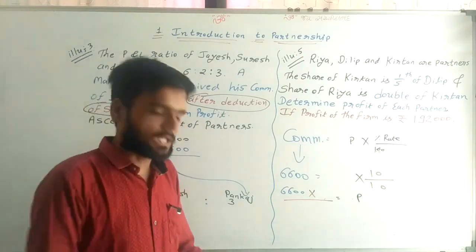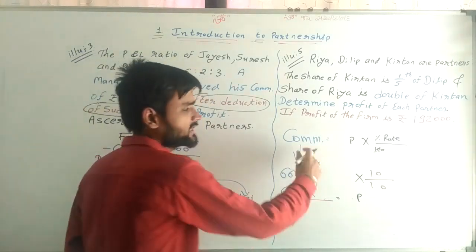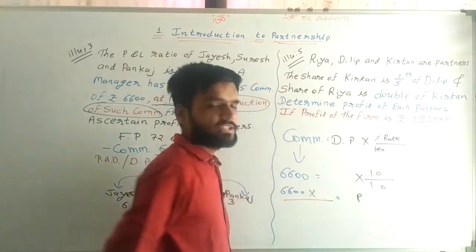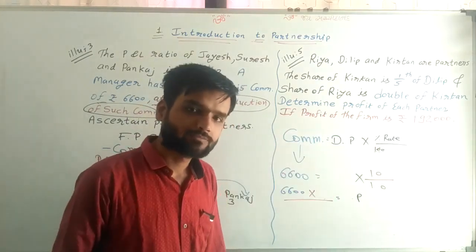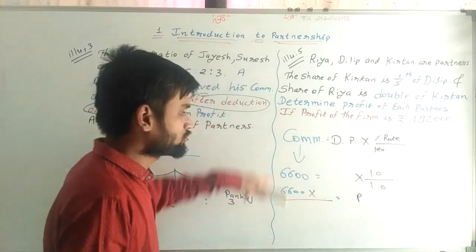Now what is my second formula? So the second formula: commission is equal to divisible profit into percentage rate divided by 100 only. So first of all, replace the values.